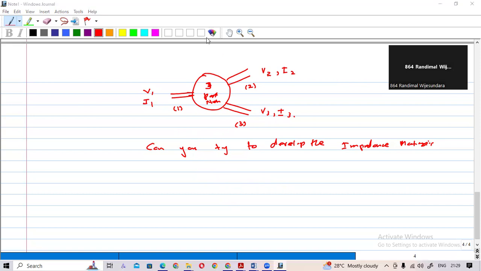Yes, there should be 8 elements. There should be 9 elements, no? There should be 9 elements, not 8. There should be 9 impedances. Let's see, just try. I'm not sure, okay? Just take 5 minutes and try. We will see.